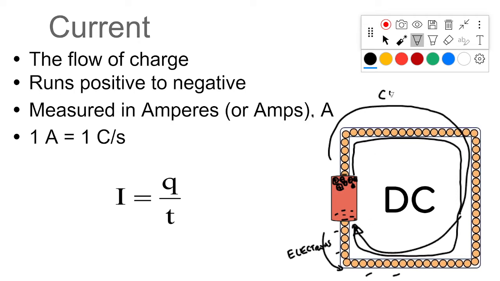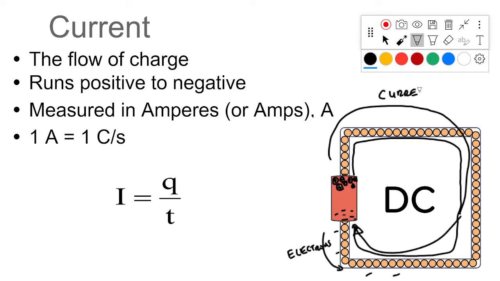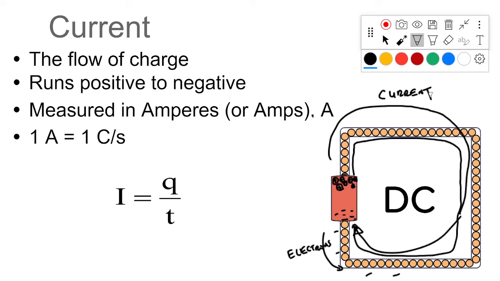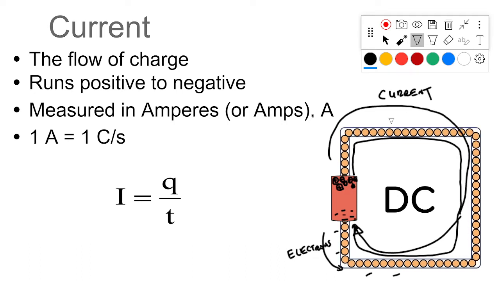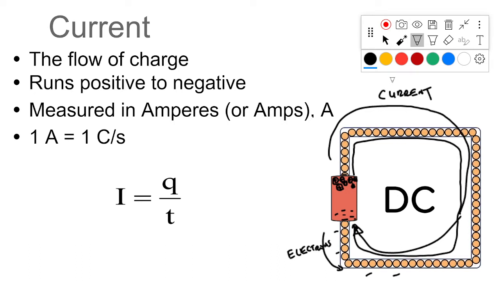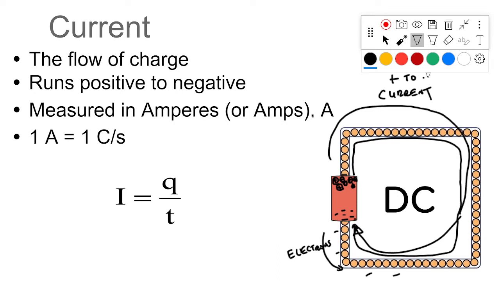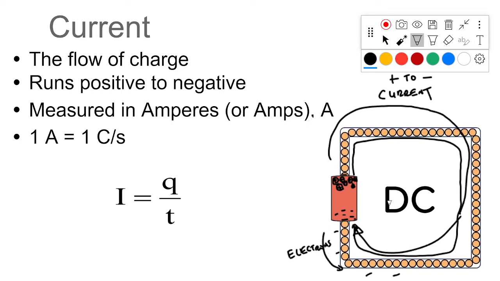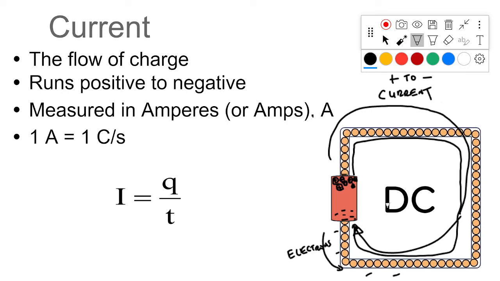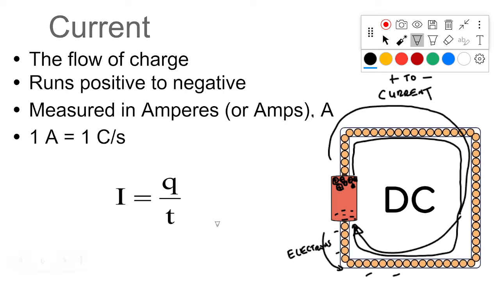So even though the electrons are really flowing the other way, they didn't know about electrons, and they guessed wrong. The current is defined to go from positive to negative. If it makes you feel any better, it's really electrons going from negative to positive, but either way that you want to think about it, that's what's happening right there.